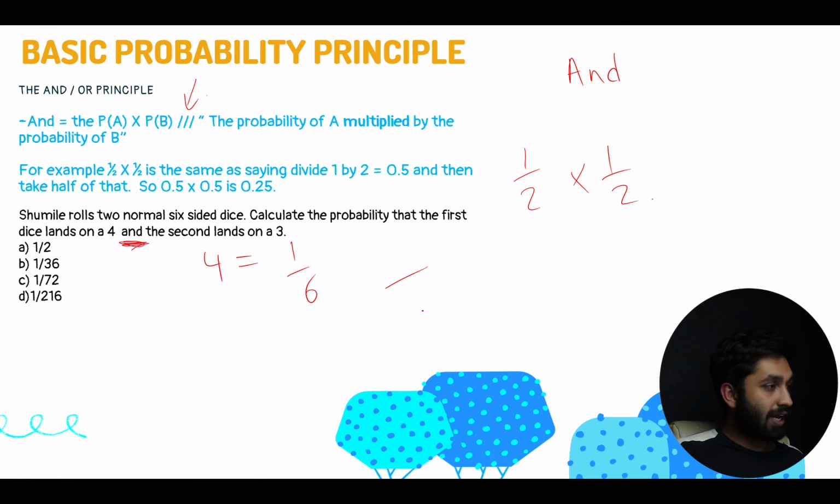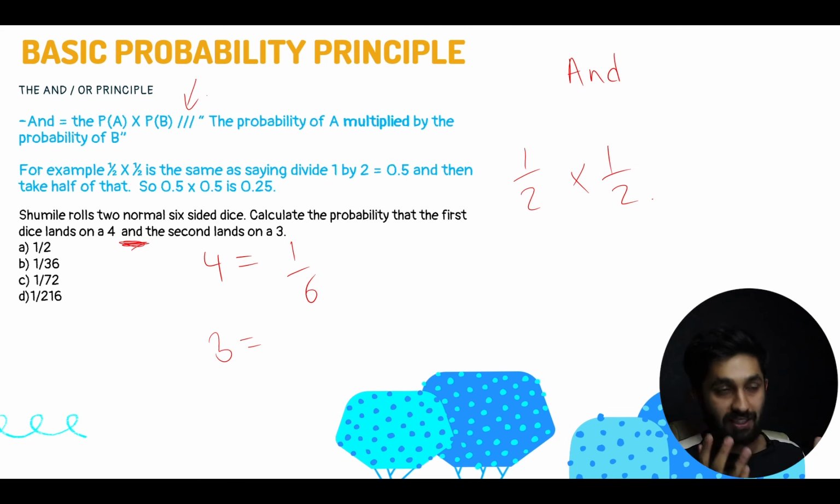So in total we have 6 sides, and one of those sides is a 4. Therefore, the probability of rolling a dice which lands on a 4 is 1 over 6. Hopefully that makes sense. And the same goes for 3 as well, because there are 6 sides on this dice, and one of those sides is a 3. So it will be 1 over 6.